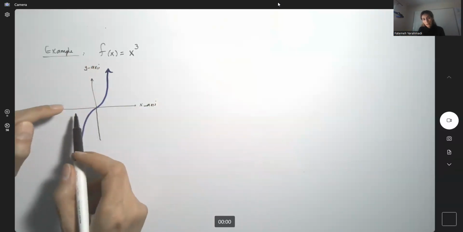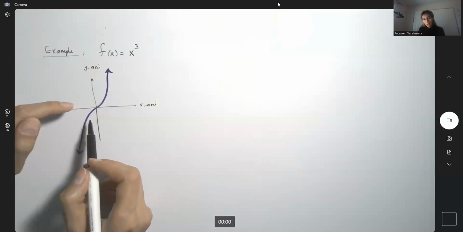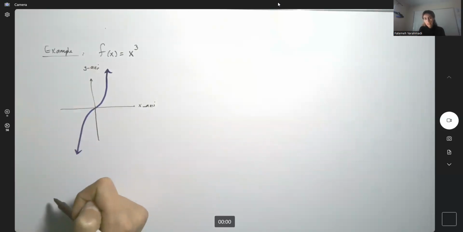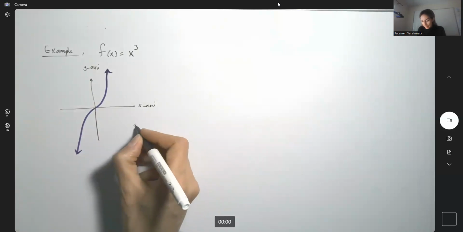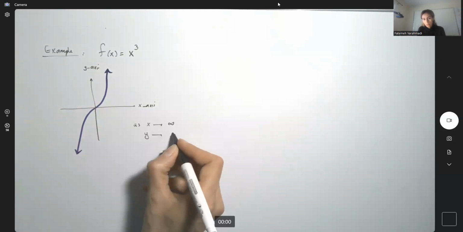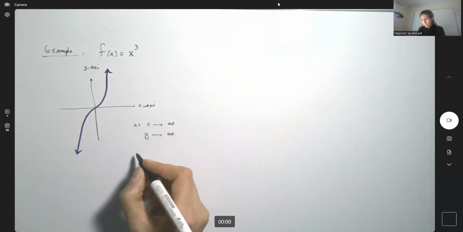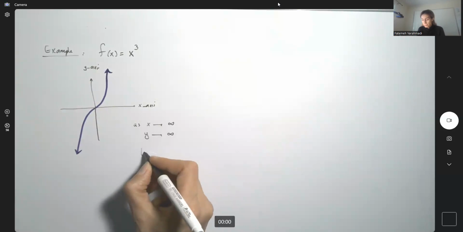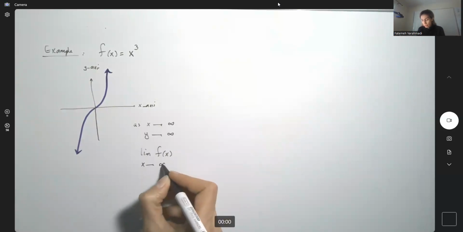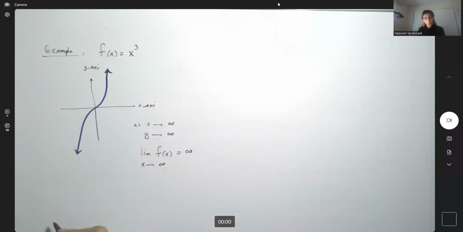However, when x goes to negative infinity, your y goes to negative infinity. So you're going to write it this way. As x goes to positive infinity, your y goes to positive infinity, or in limit terminology, the limit of f of x as x goes to positive infinity is positive infinity.